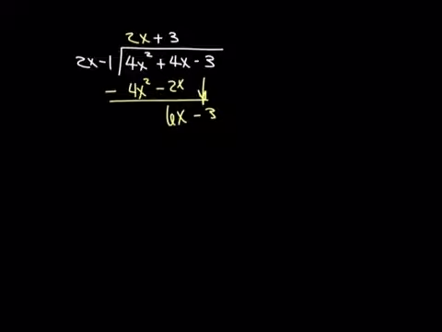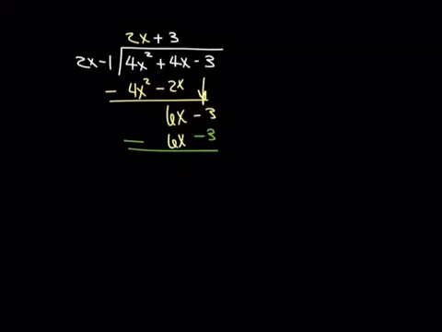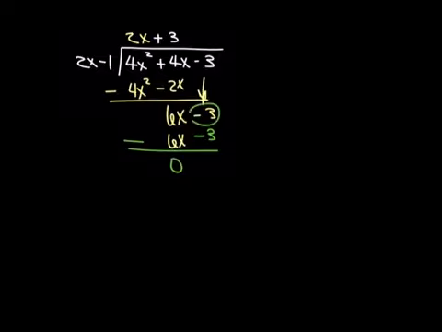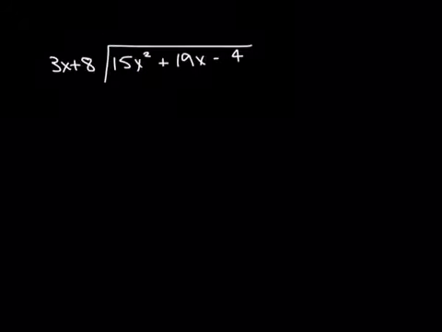That times that, and that times that. Subtract. 6x minus 6x is 0. Negative 3 minus negative 3 is the same as negative 3 plus 3, which is 0. So this ends up being your answer, no remainder.